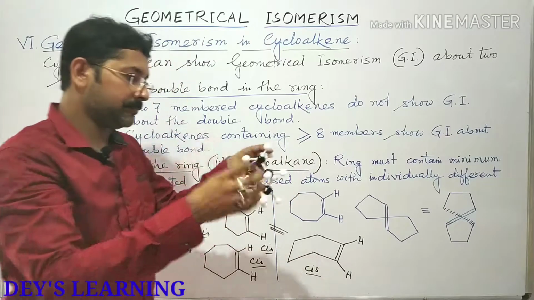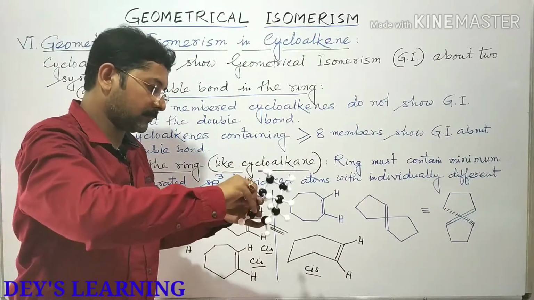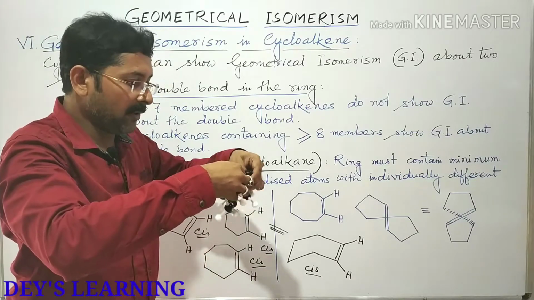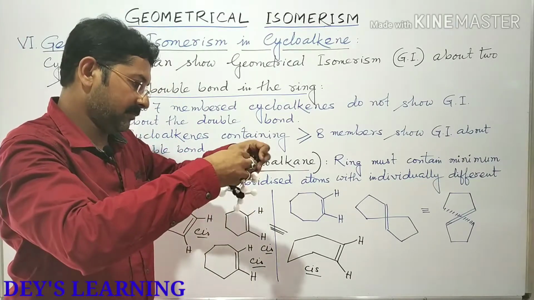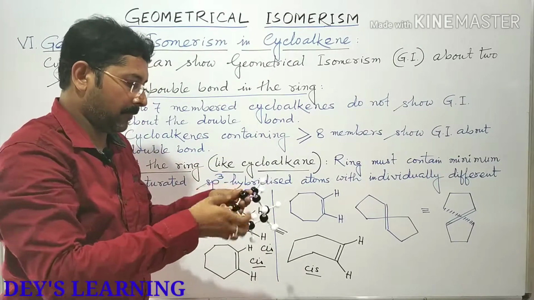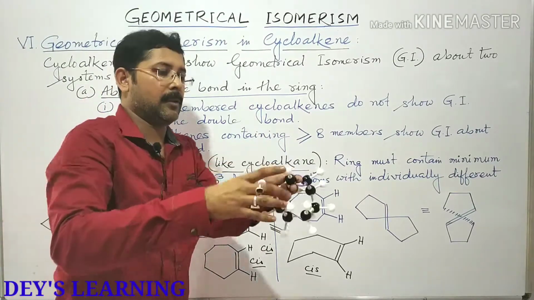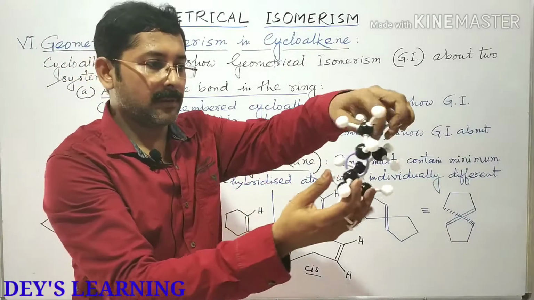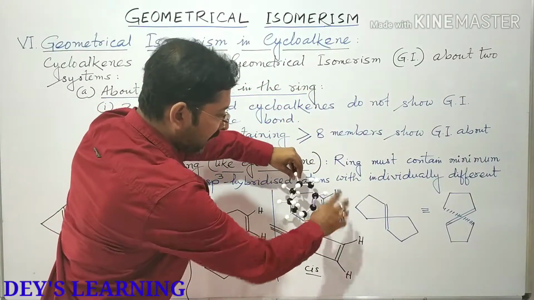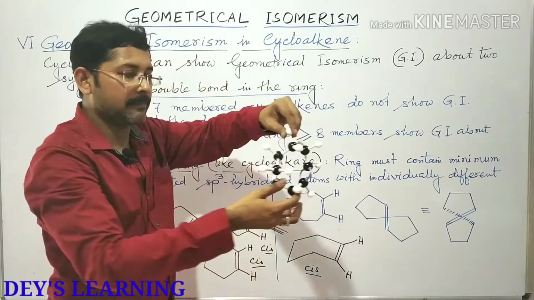Look at here. This is your 8-membered ring. These two hydrogens exist in the cis configuration.